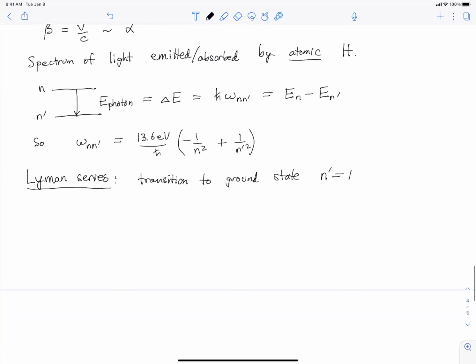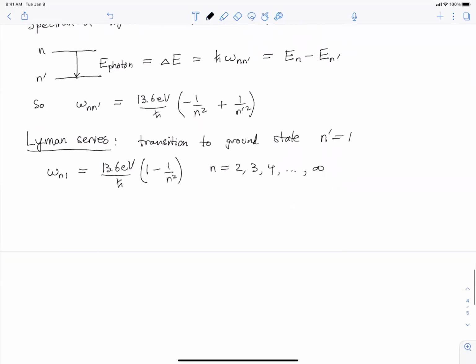And so we can just predict that the angular frequencies of that light is 13.6 electron volts over h bar times 1 minus 1 over n squared, where n is the other state that you're going to, which could be anything except 1. So it can be 2, 3, 4, up to infinity. Now if you plug in the numbers, you can find the wavelengths of those photons. The formula is 2 pi c over omega.